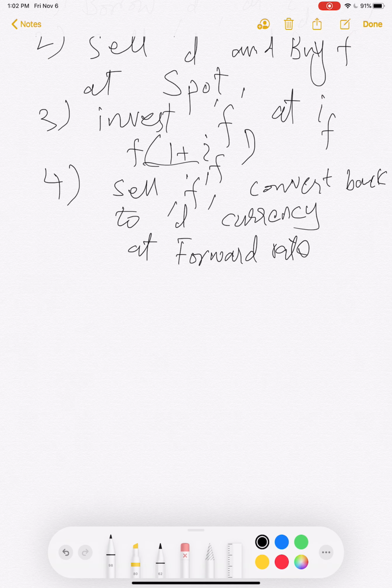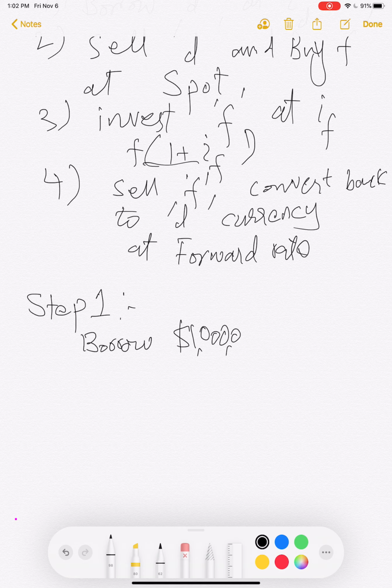In this step 1, we will borrow now $1 million, which I have already given in the question, and after a year we agree to pay 5% on it.